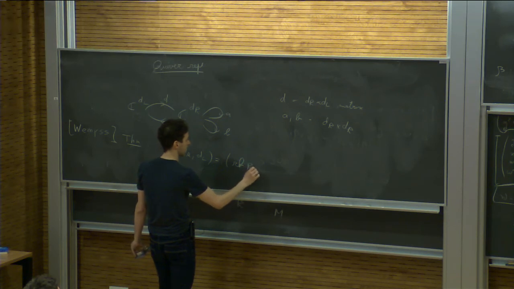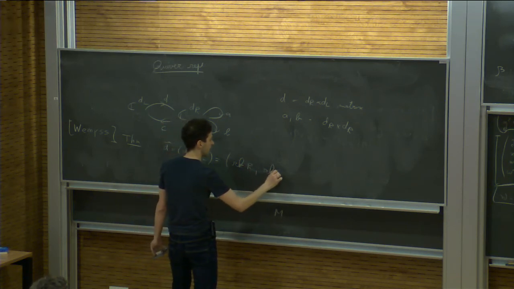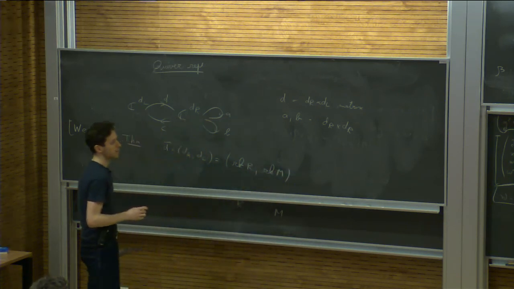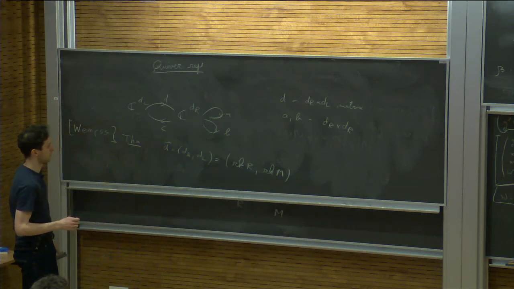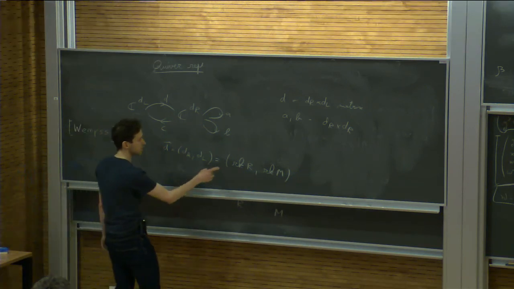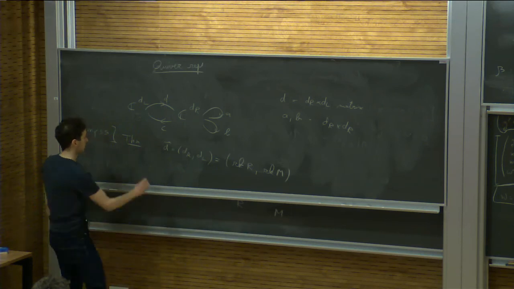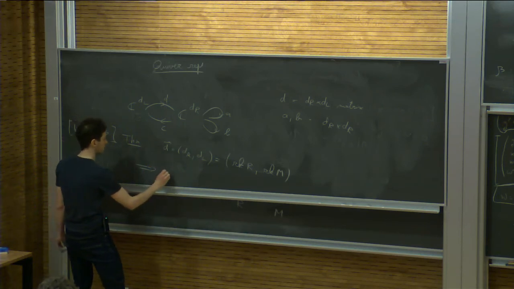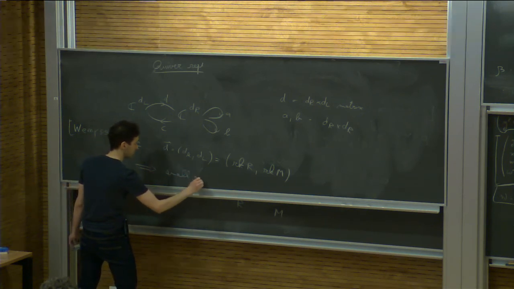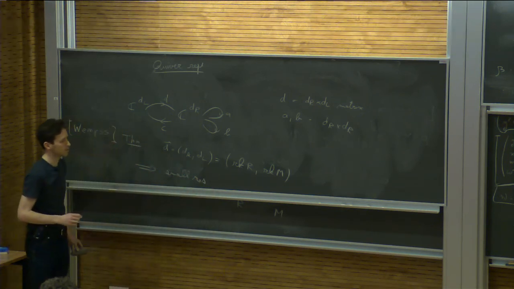So in this case, rank of R and rank of M, seen as R modules. And if you make that choice for the dimension vector, then you will get an actual small resolution for this thing. So a geometric resolution.